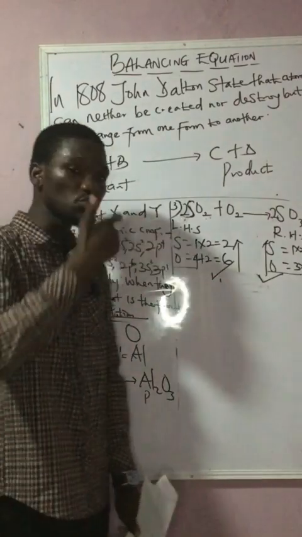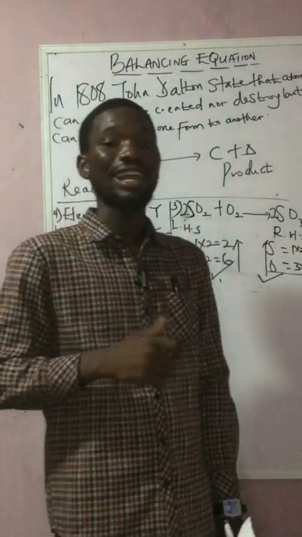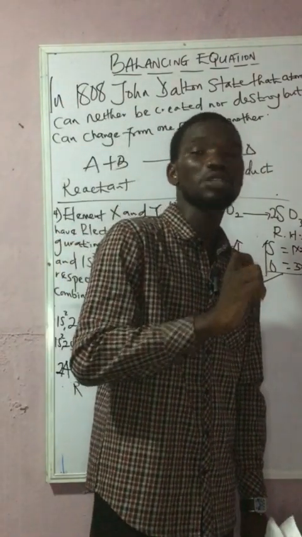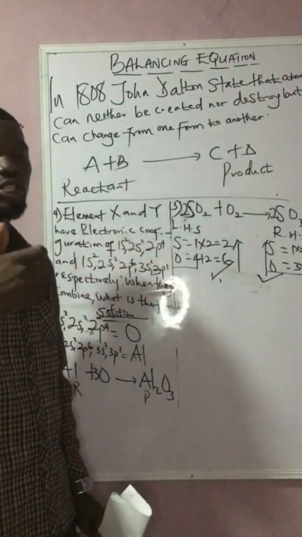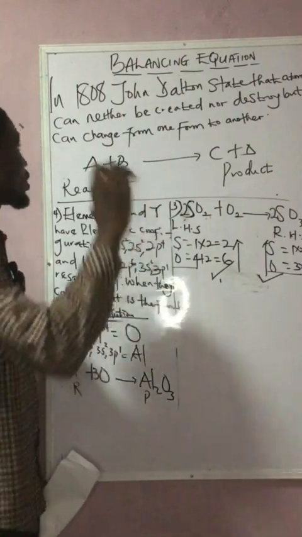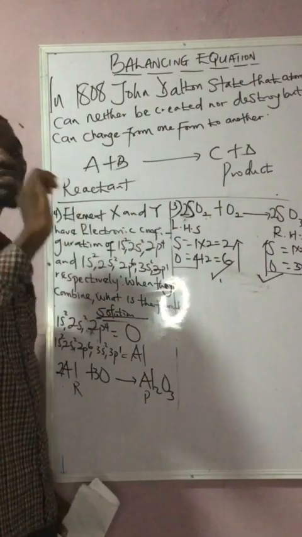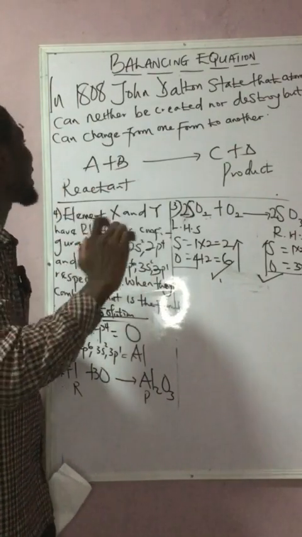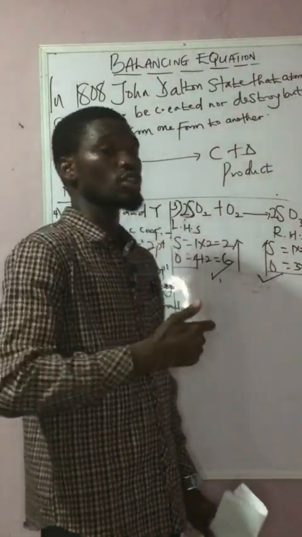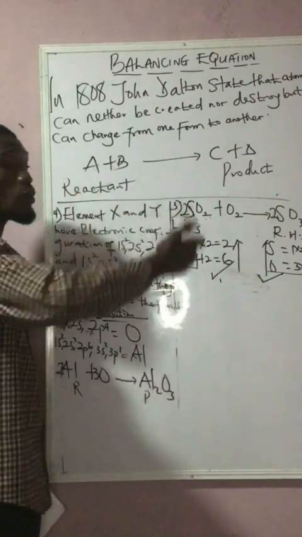This confirms the rule which I stated earlier, that the number of atoms at the reactant side must be equal to the number of atoms at the product side. Those rules are credited to John Dalton, who stated that atoms can neither be created nor destroyed, but can change from one form to another.